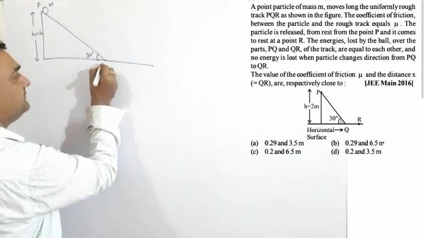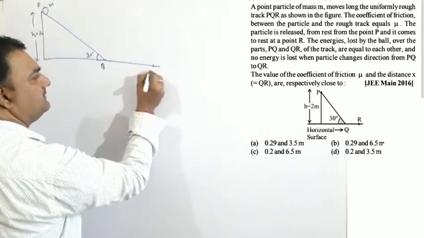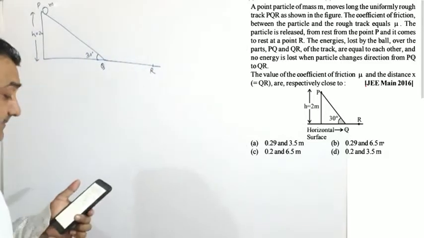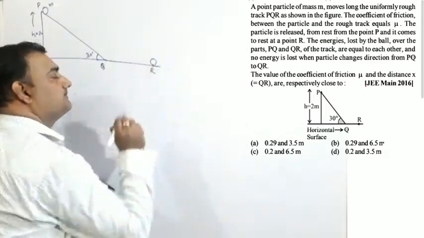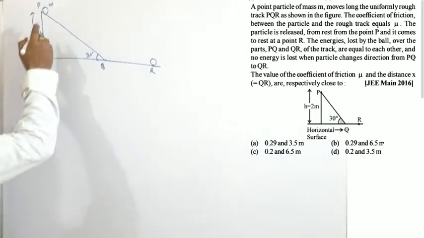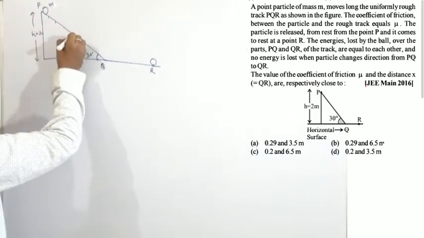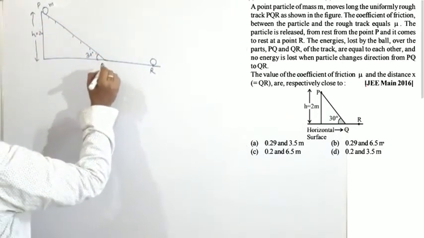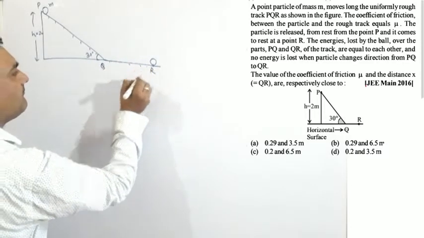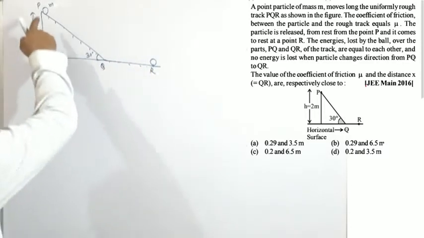This is point Q and this is final point R where the particle comes to rest, and the surface is not smooth everywhere.